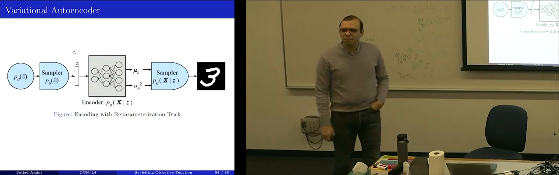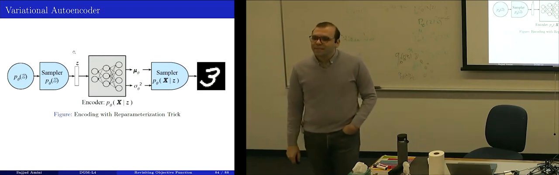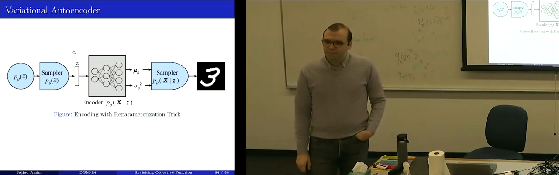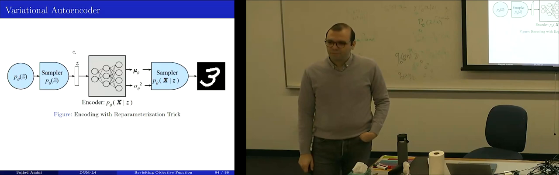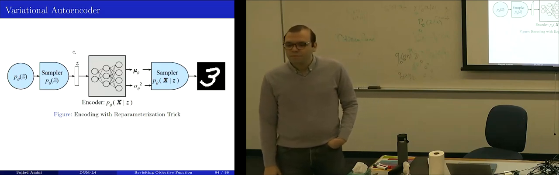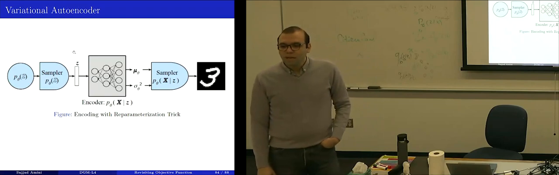Yes. So Z is like a high-level representation of digits 0 to 9, right? Yes, exactly. So when you sample from the prior, then Z can be the representation of 1, then the generated image should be 1, right?